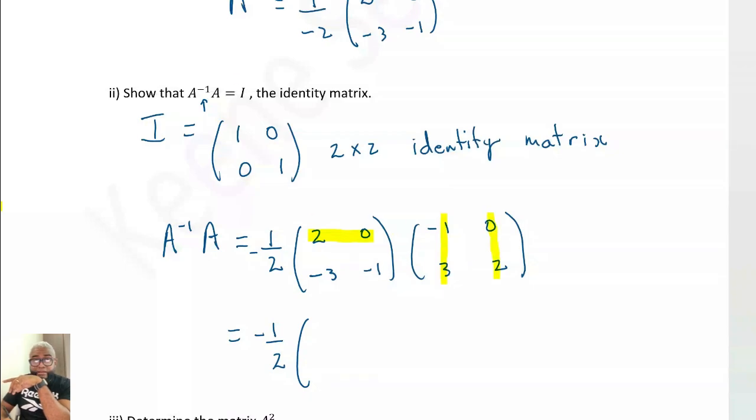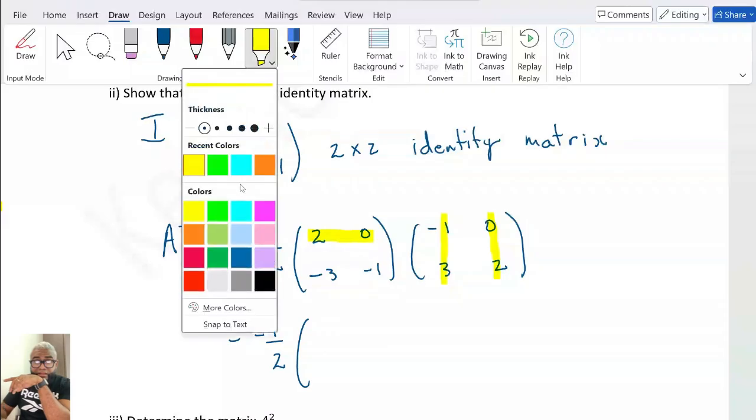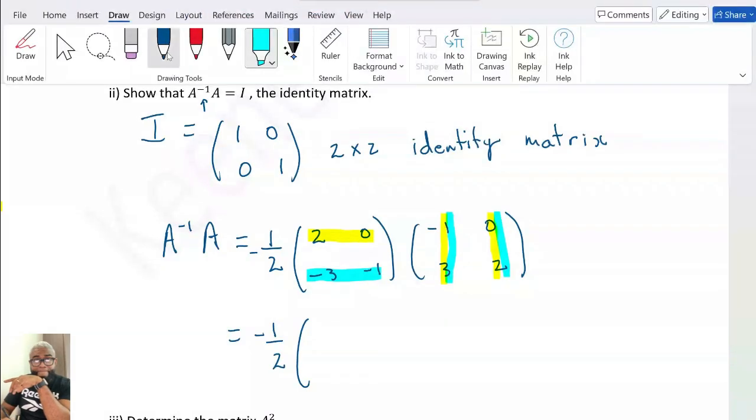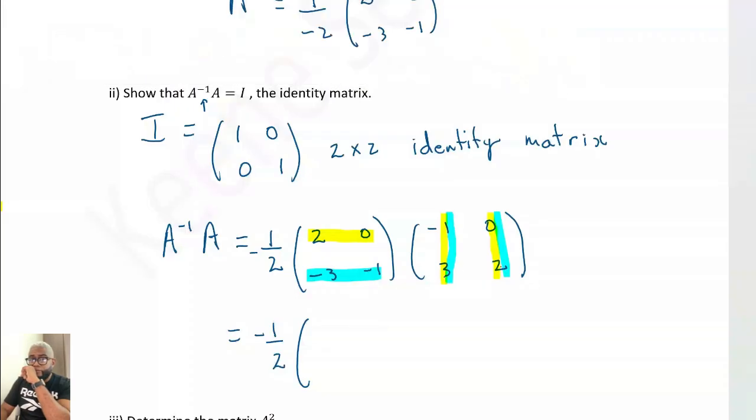Everybody good there? Then I'm going to use a different color. It's going to be row by the same column. I'll just put the blue next to it, right? And then row by the same column, right? So let's work. I see you put equal and negative 1 over 2.